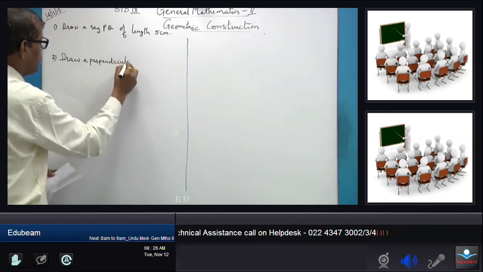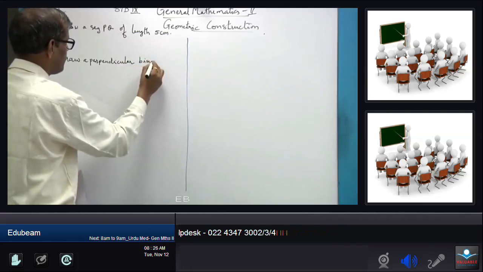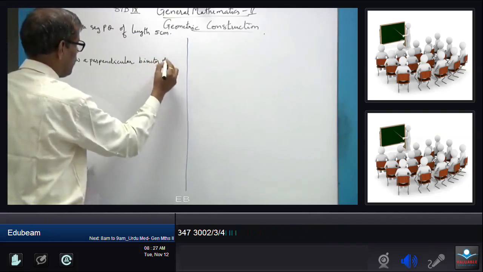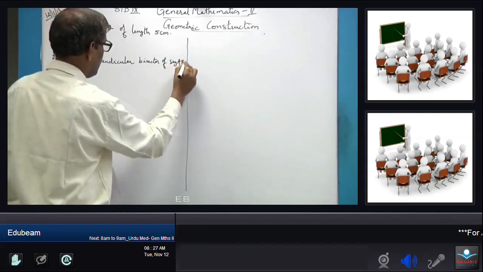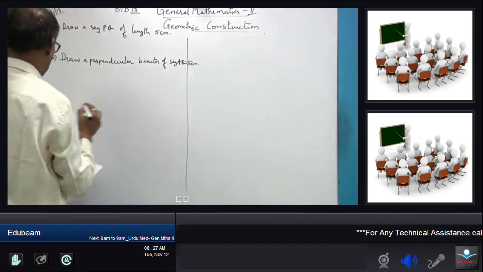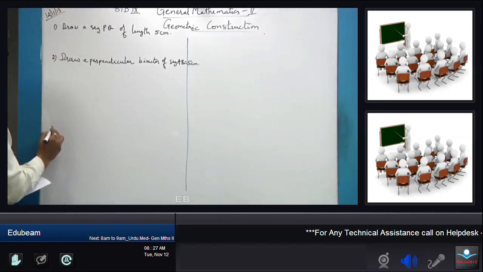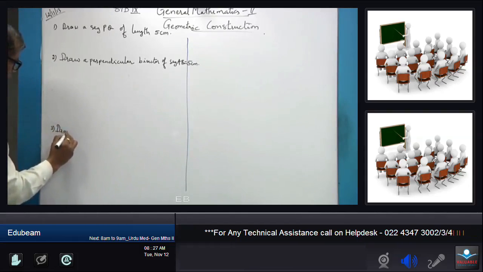Draw a perpendicular bisector of segment AB equal to 5 centimeter. I'll write all the questions and then we'll solve them one by one.